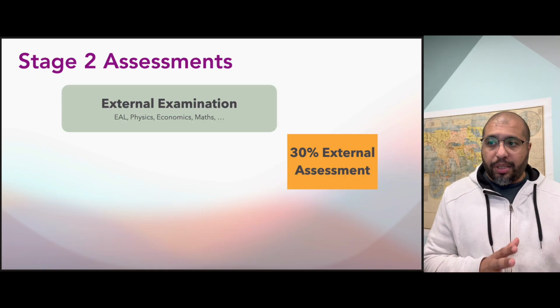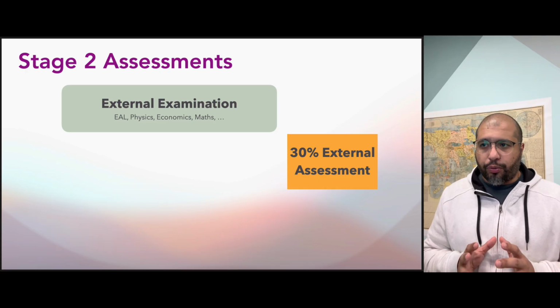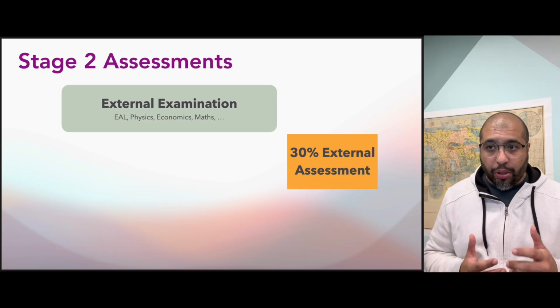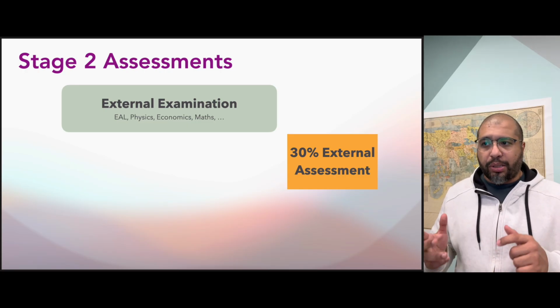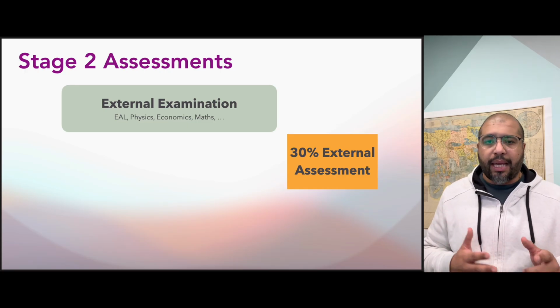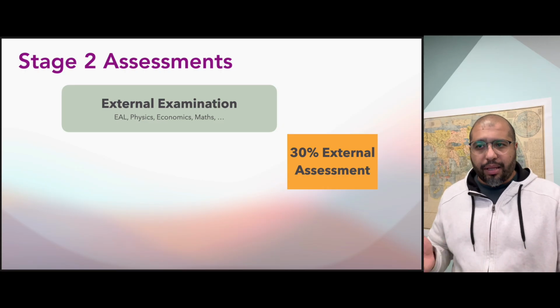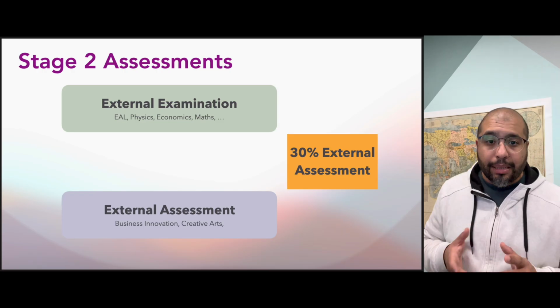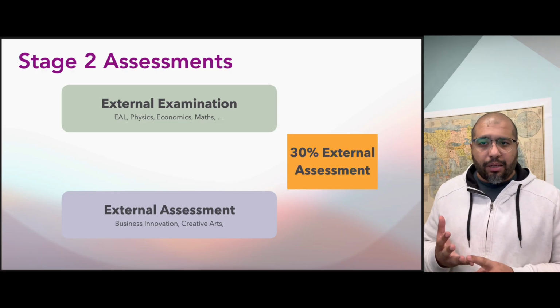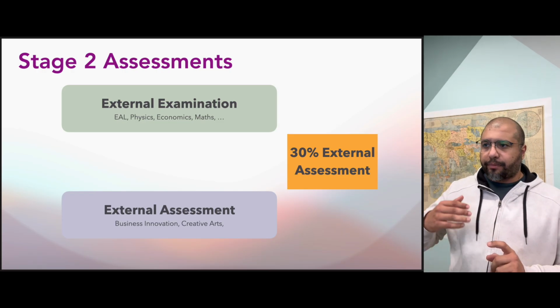As for the last 30% of your overall Stage 2 grade, it comes from an external assessment. The external assessment can be in the form of an external examination in subjects like EAL, physics, economics, maths, and so on. And it can also be in the form of an external assessment for subjects like business innovation and creative arts.